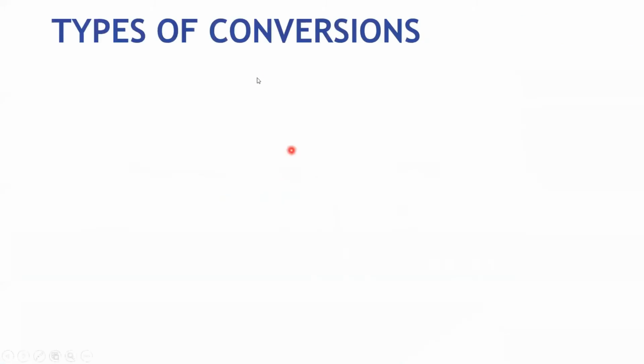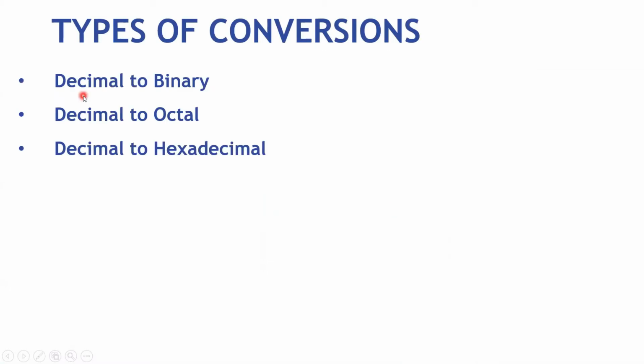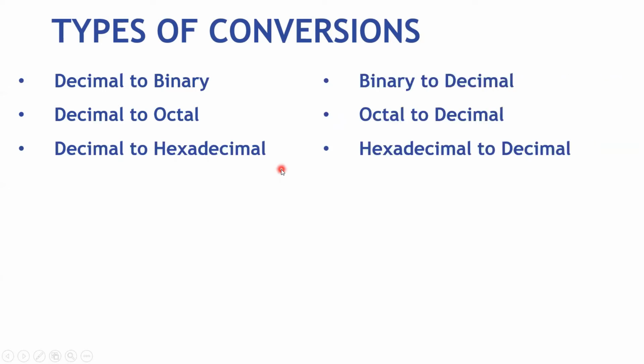Now we will see the types of conversions, from one number system to the other number system, how we can convert. We can convert a given decimal number to binary or else to octal, hexadecimal. Or else if a binary number is given, we can convert it to decimal.